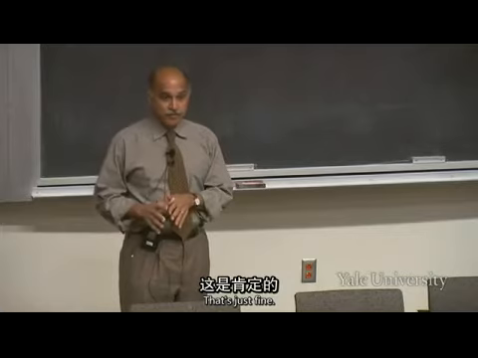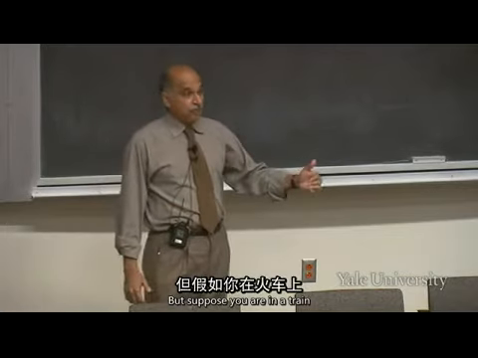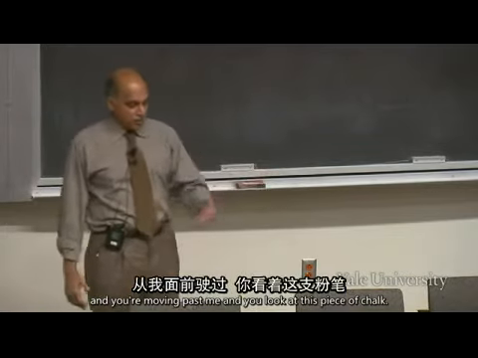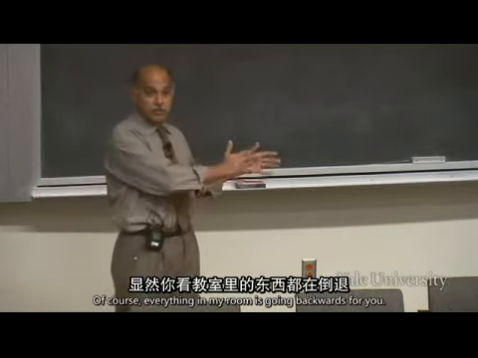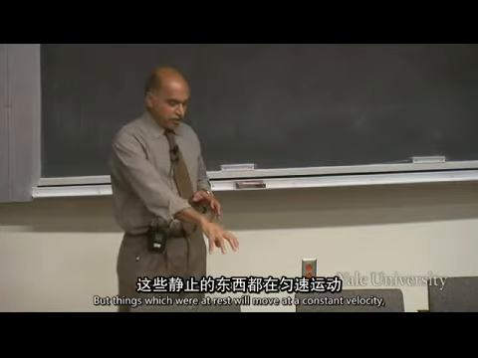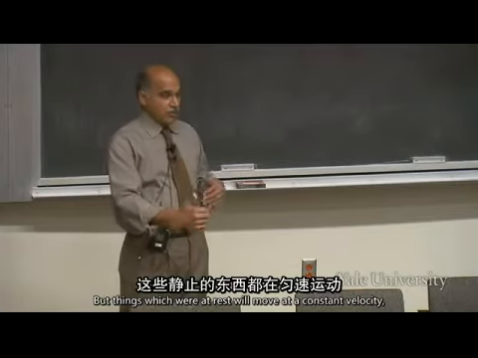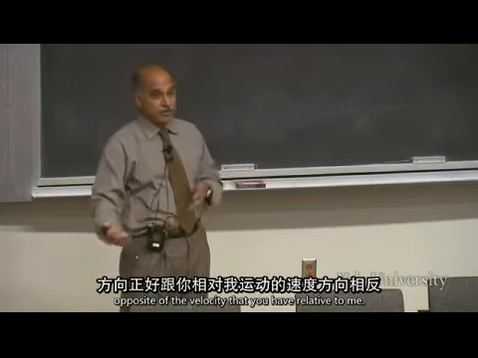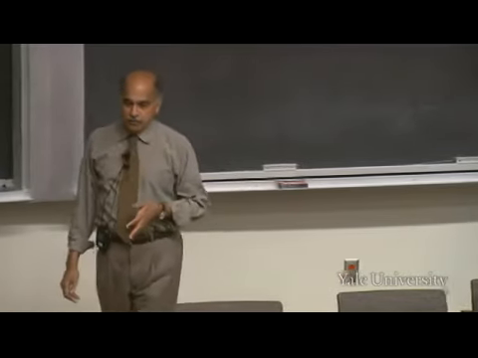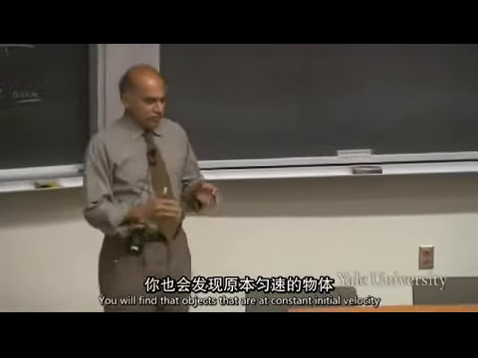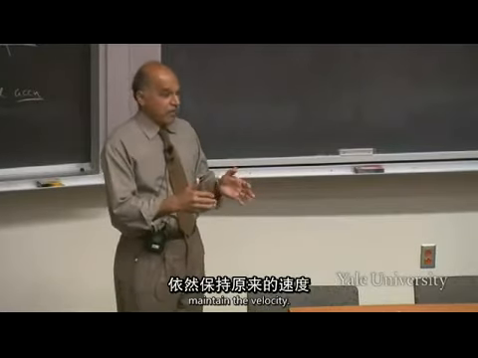That's just fine. But suppose you are in a train and you're moving past me and you look at this piece of chalk. Of course, everything in my room is going backwards for you. But things which were at rest will move at a constant velocity opposite to the velocity that you have relative to me. So you will find that objects which have a constant initial velocity maintain the velocity.